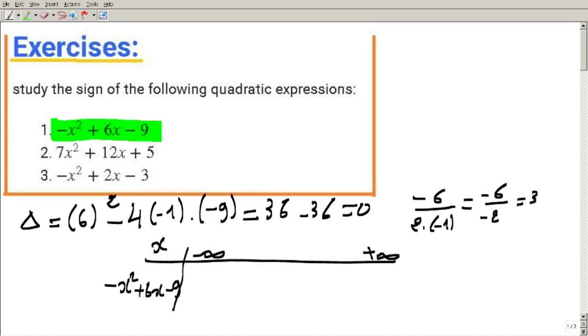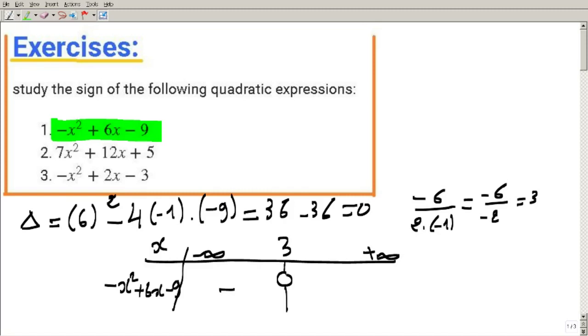And we have here the quadratic expression minus x squared plus 6x minus 9 equal to 0 if and only if x is equal to 3, and the sign of the quadratic expression is the sign of the coefficient of the x squared, which is minus 1.